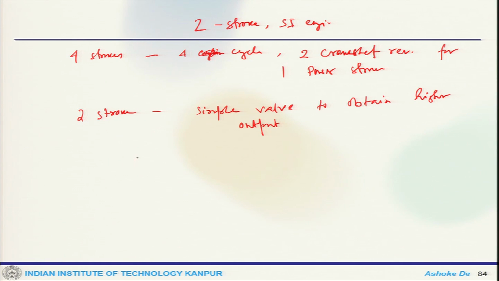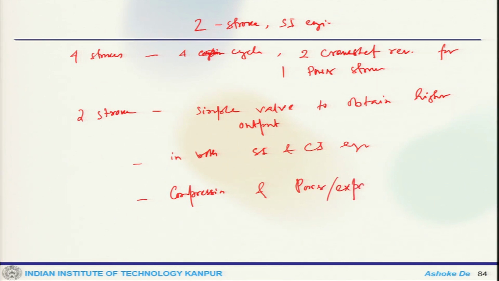This is also applicable in both SI and CI engines. It has only two strokes, one is the compression stroke and the second is the power stroke or expansion stroke.